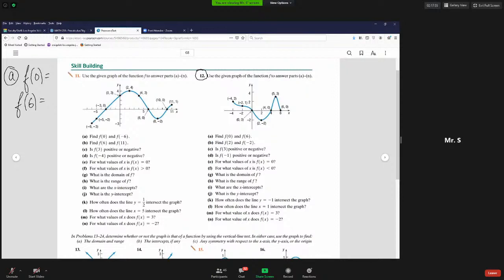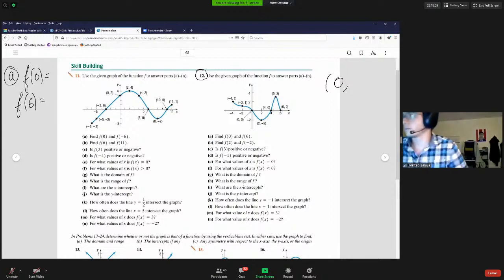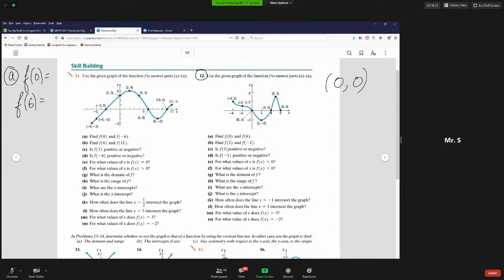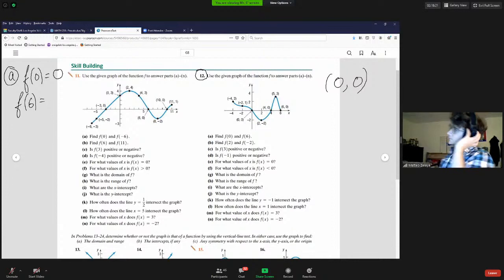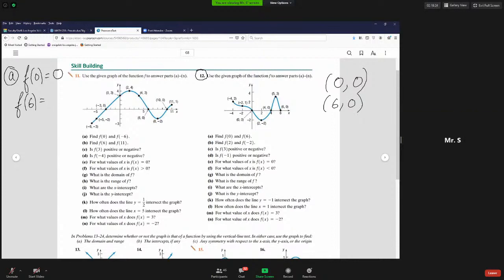If we're saying f of 0, then it corresponds to some ordered pair where the x value is 0. What is the corresponding y value? 0. We have the ordered pair 0, 0. All we're doing is switching it to function notation. So f of 0 is 0. What about f of 6? Also 0, because we have the ordered pair 6, 0 on our graph. So f of 6 is also 0.